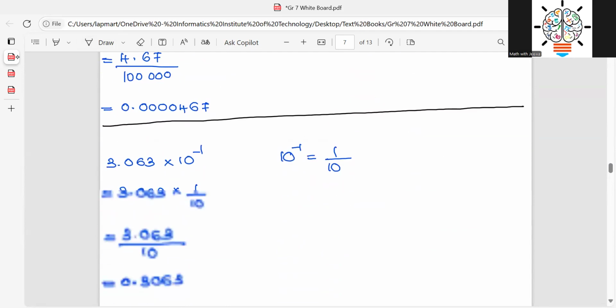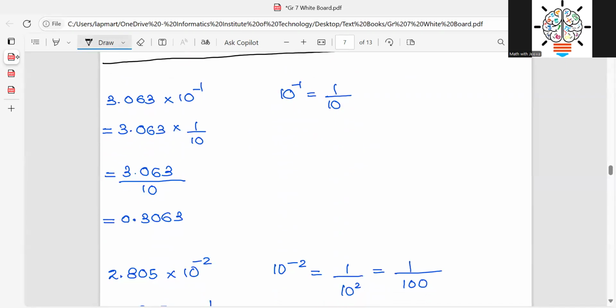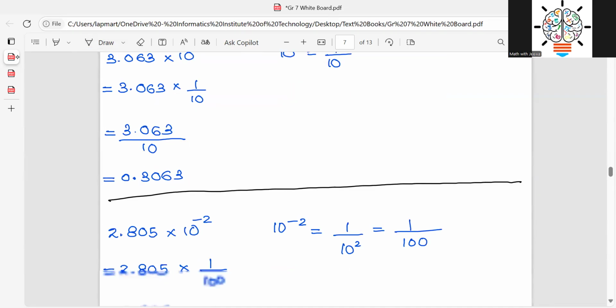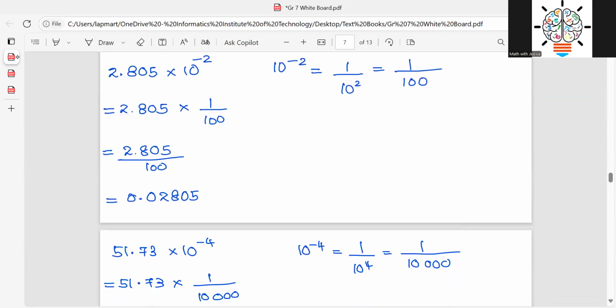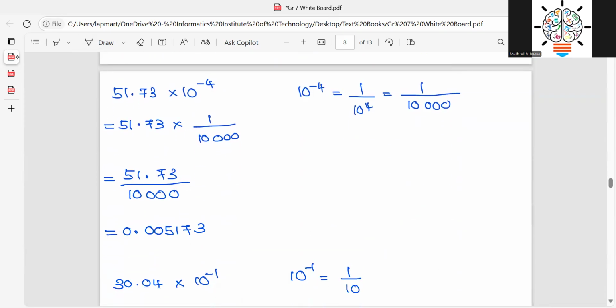So then the next one we have, I segregate like this. So then you can see the next one. So then 0.3063. Then the next one, you want to divide this by 100. So then you want to move 2 steps, 0.02805. And here you have negative 4, to convert to positive 4, you want to take it to the denominator.